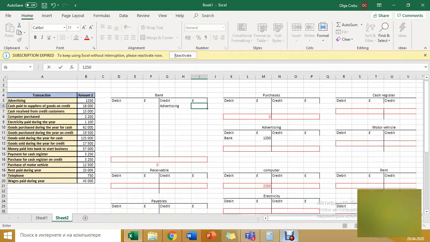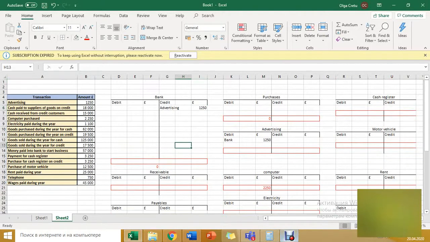Now, let's continue. So we said the advertising 1,250 is under the debit in the advertising T account, and under credit in the bank account, the cash account. And then the next transaction, we said that the company paid 18,000 to suppliers of goods on credit, right?